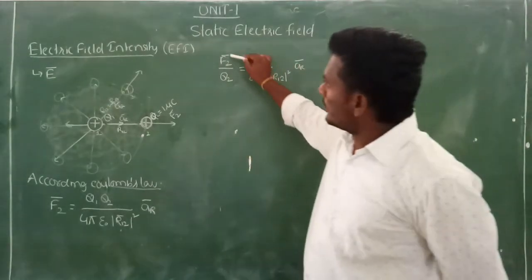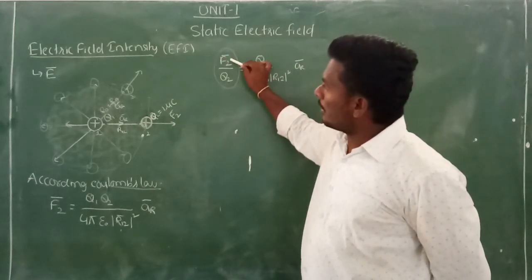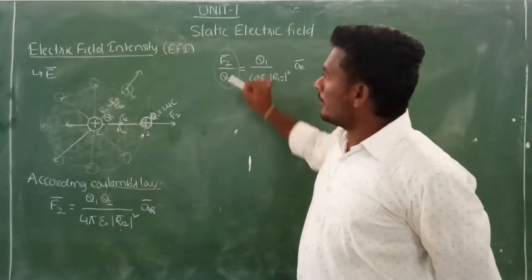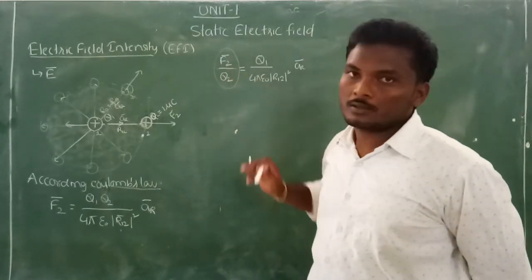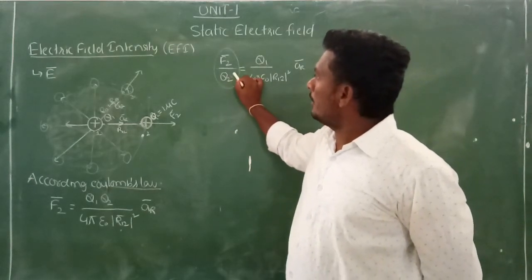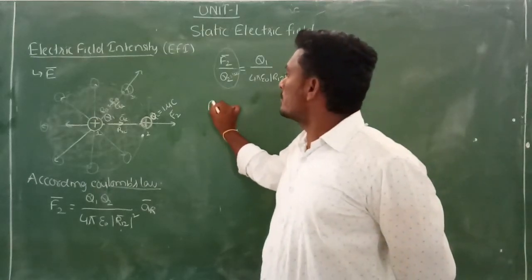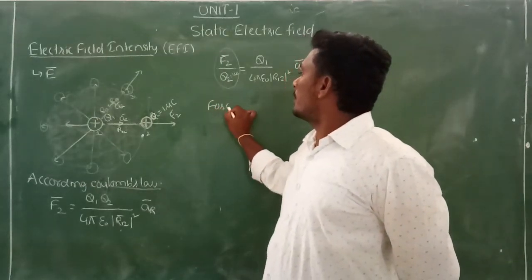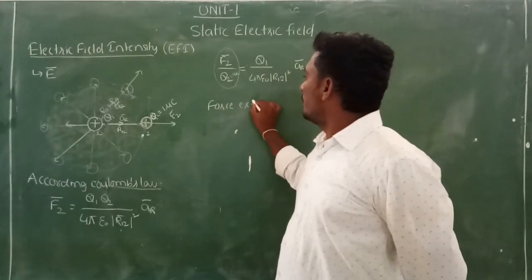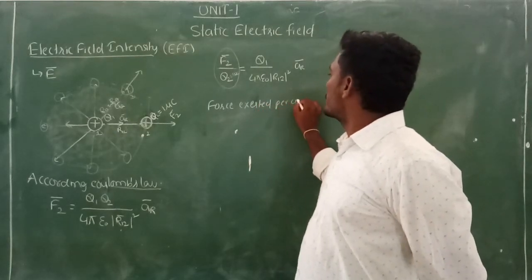So how can you call this term? Is it force on charge? We can call this term force on charge, or as this Q2 has unity magnitude, it is also called the force exerted per unit charge.